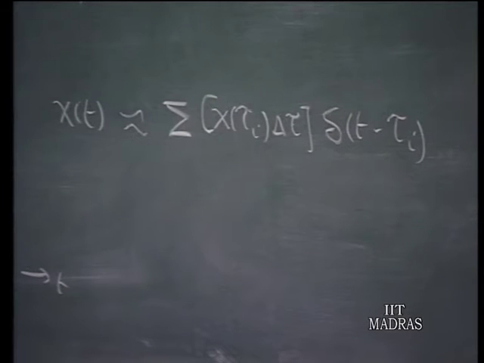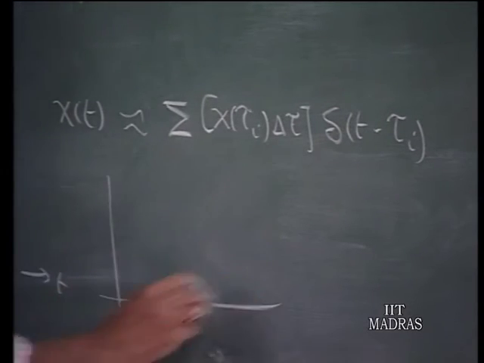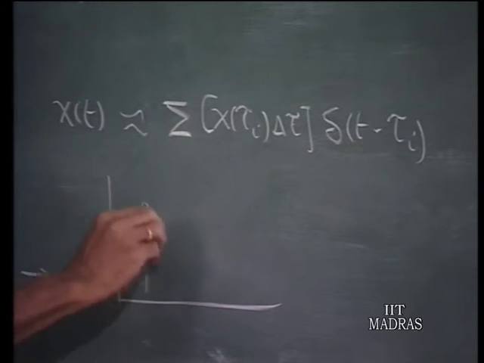So, x of t can be regarded as a summation of several impulses.